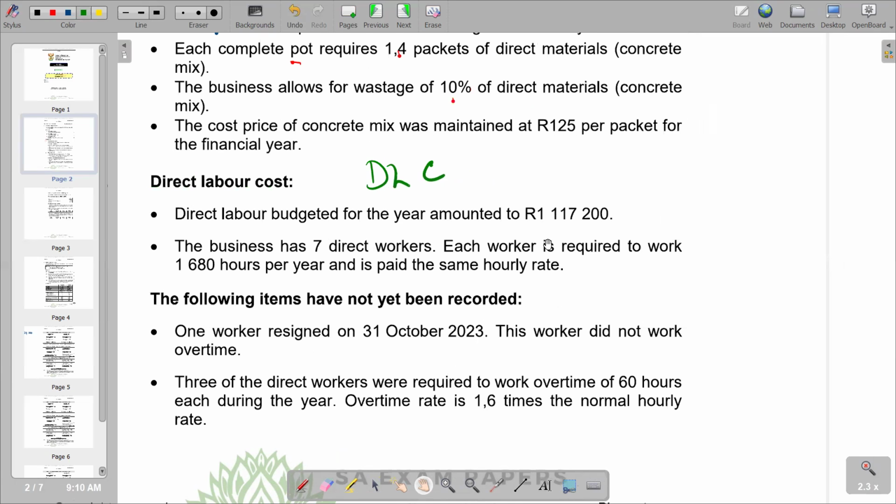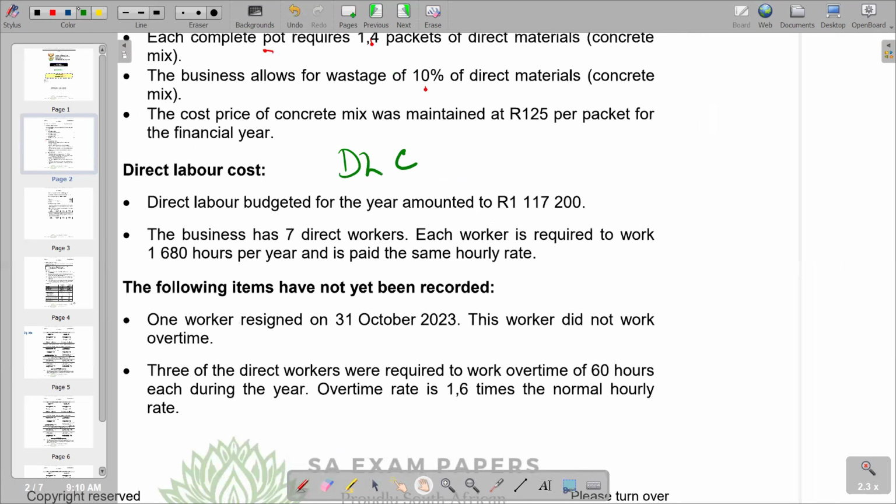We can calculate the hourly rate, whereby we are given the total budgeted direct labor costs of 1,170,200. We divide by the budgeted number of hours. Each worker is required to work 1,680 hours, and we have 7 direct workers. So we multiply the two to get the total budgeted number of hours, then we divide into the total cost.